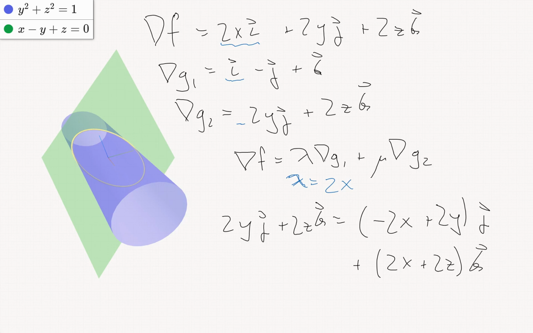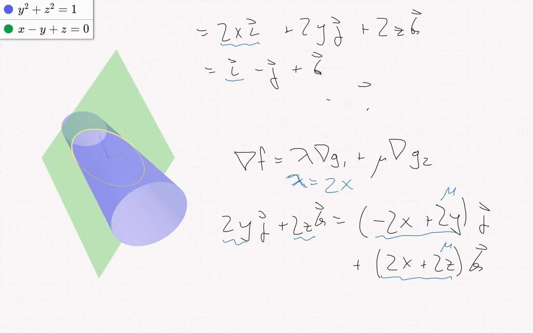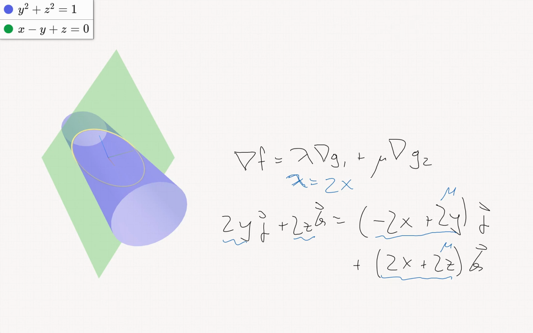Okay. So now we have the equations 2y is equal to negative 2x plus 2y, and 2z is equal to 2x plus, these should have mu's in front, 2 mu y and 2 mu z. Okay, so 2y equals negative 2x plus 2 mu y.